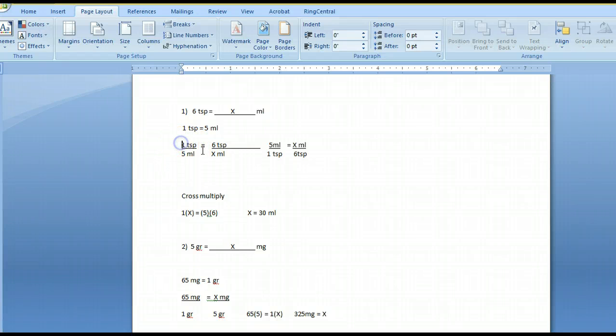So 1 times x, and you're going to write it over here, 1 times x, equals, and then you're going to multiply the denominator on the left by the numerator on the right, diagonally, 5 times 6. You're just going to write it 5 times 6. Now that we've set that up, we're just going to do the math. 1 times x is x, and 5 times 6 is 30. And then you want to, of course, put in your unit, mils.